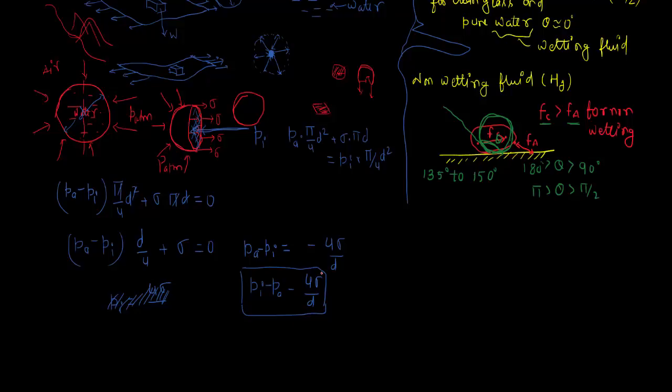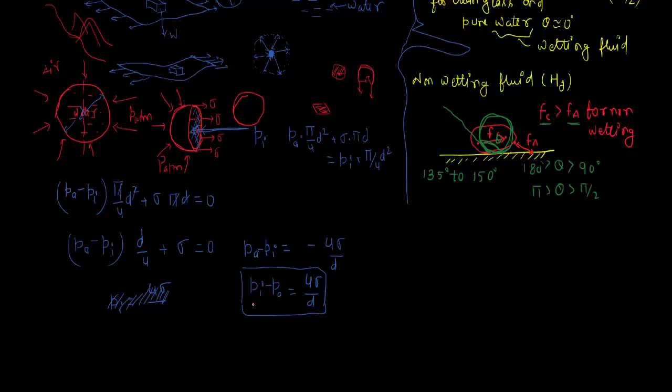So sigma is a positive quantity, because if we are talking about the water droplet, with water inside and air outside, this value is positive. Diameter is also positive, so this quantity will always be positive. As this quantity is positive, we can say that the internal pressure is more than the external pressure, as the difference PI minus PA is positive.